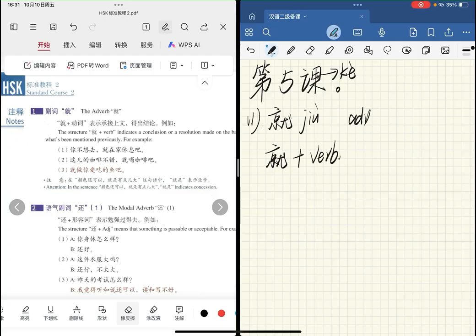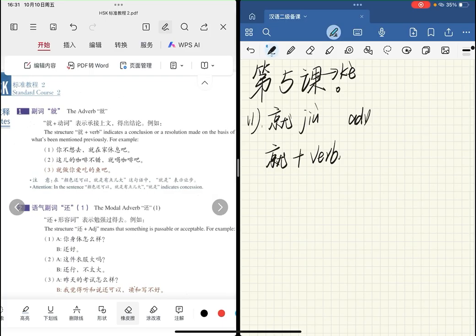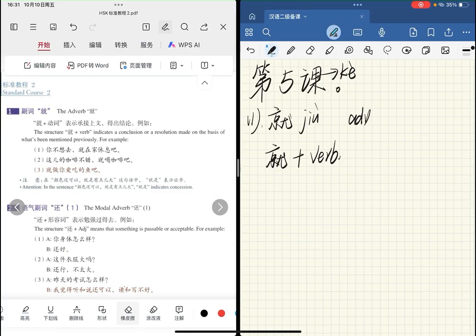This structure indicates a conclusion or a resolution made on the basis of what's been mentioned previously. 就 is used to connect two sentences and show a conclusion or decision based on the previous situation.